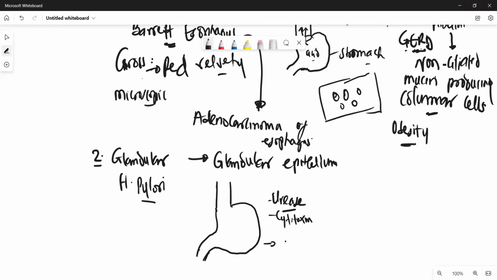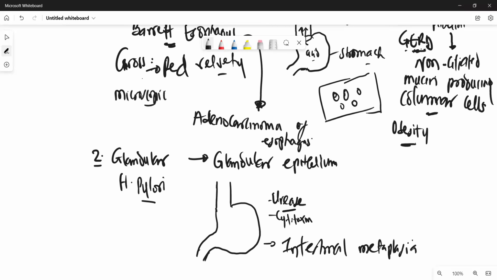So if H. pylori is now taking over the stomach, and the acid is being neutralized by the action of the H. pylori, then the pH in the stomach is going to increase, and that will make the epithelia in the stomach look like the intestinal epithelia. So this is going to change the glandular epithelia into intestinal epithelia, which is what we normally refer to as intestinal metaplasia.